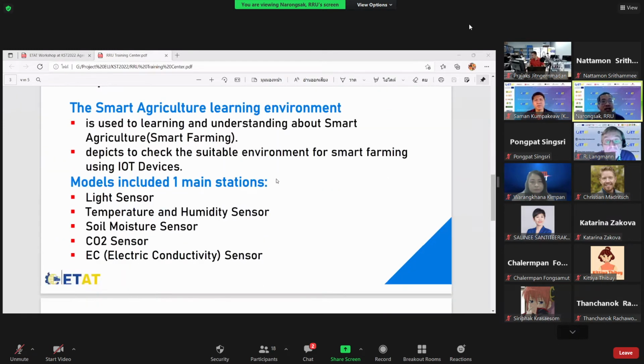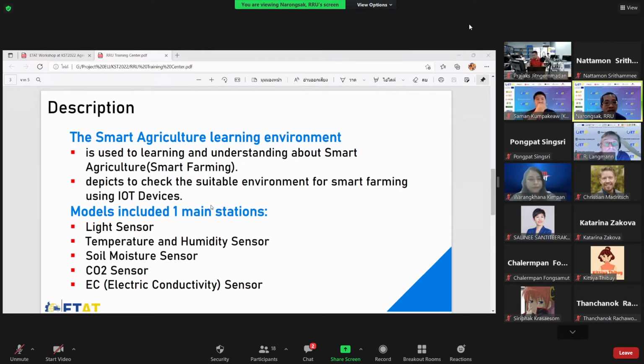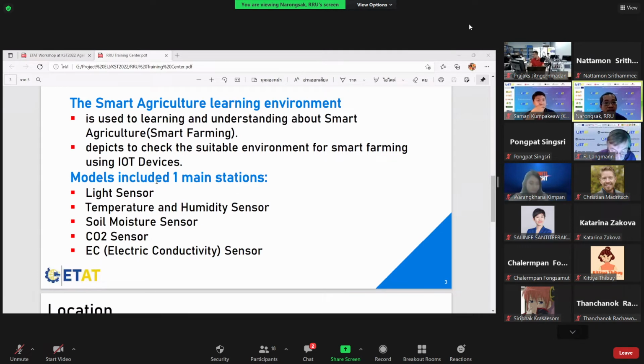The smart agriculture learning environment is used to learn and understand smart agriculture and smart farming, to check the suitable development for smart farming using IoT devices. The module includes one station.